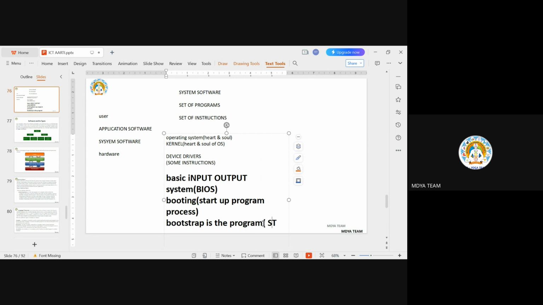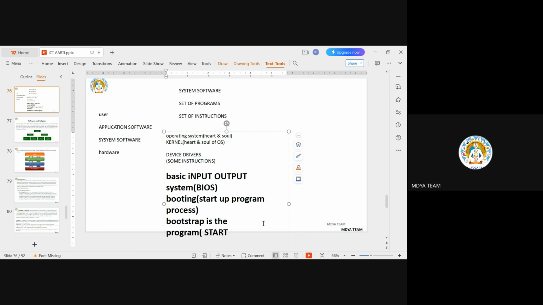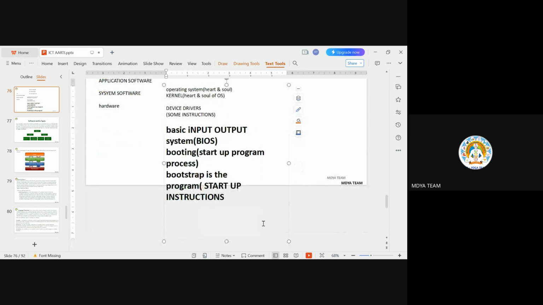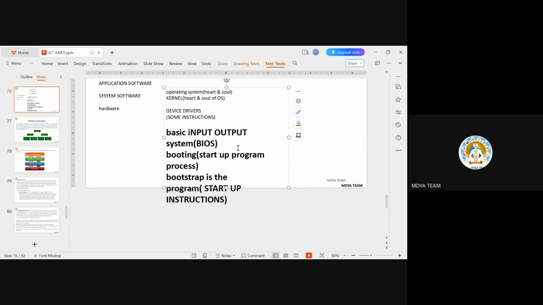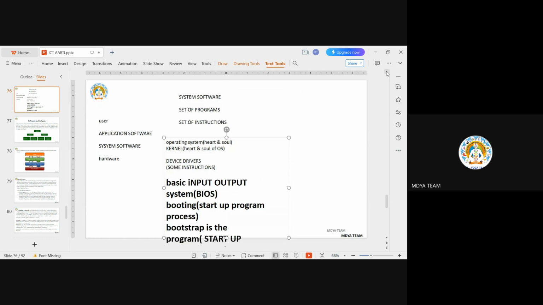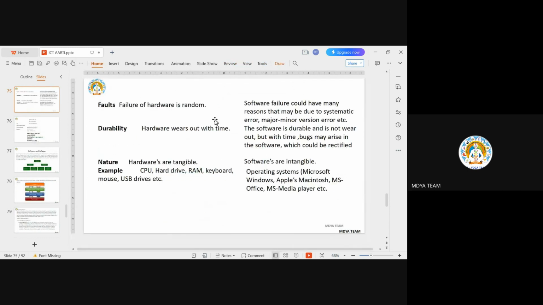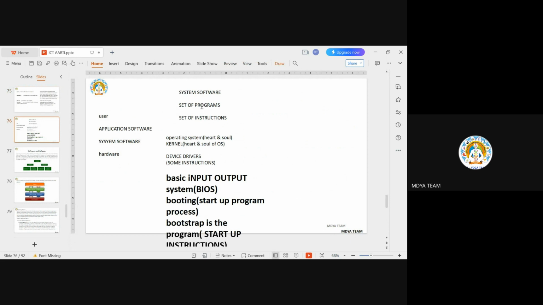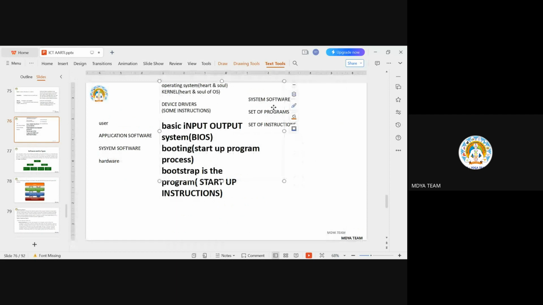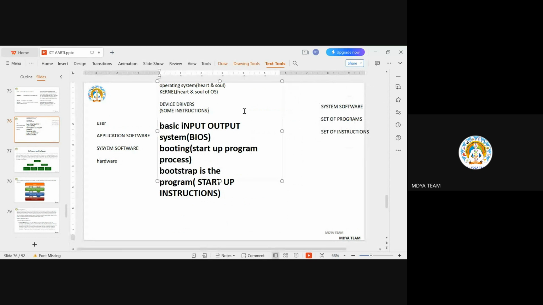Booting is a program where startup instructions are written, how your computer will start.